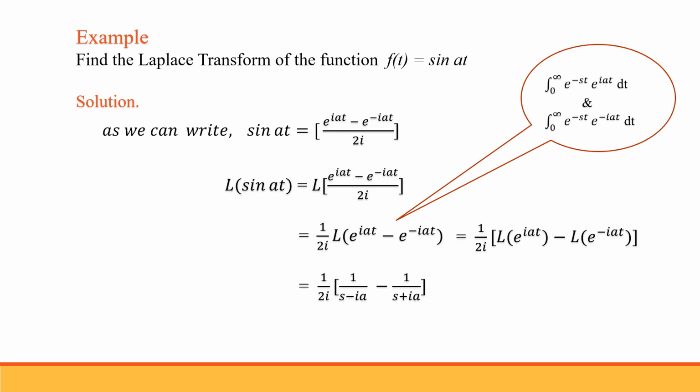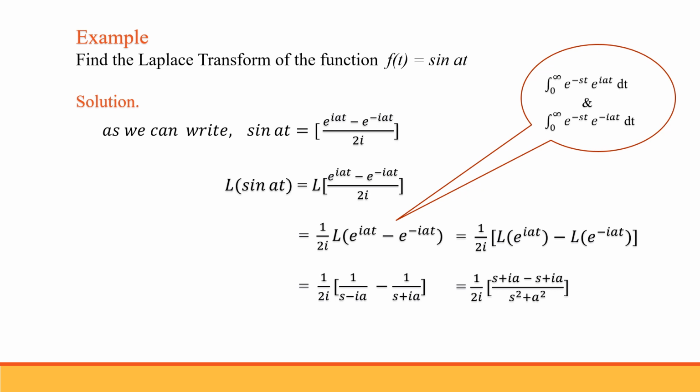On applying the formula, we get 1 upon 2i into (1 upon s minus ia minus 1 upon s plus ia). Simplifying it as 1 upon 2i into ((s plus ia) minus (s minus ia)) by (s square plus a square).